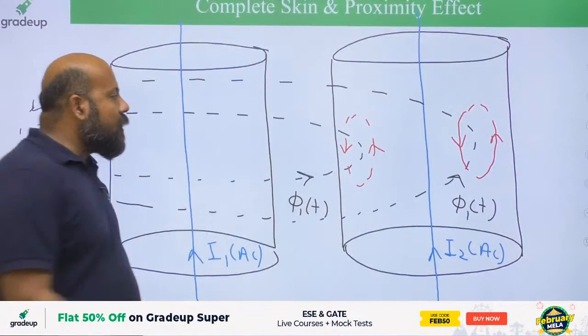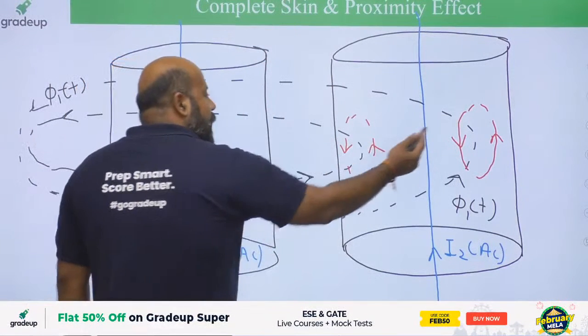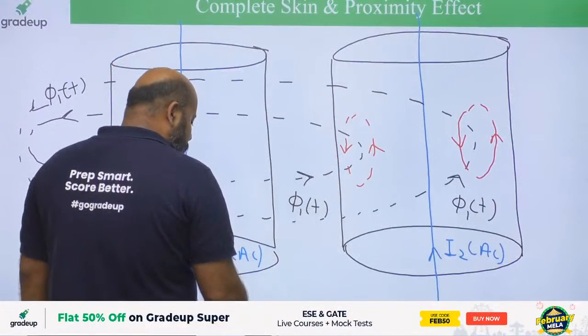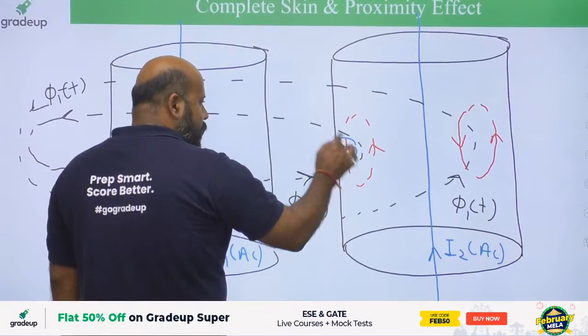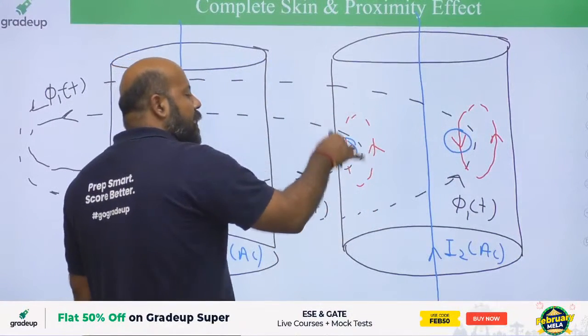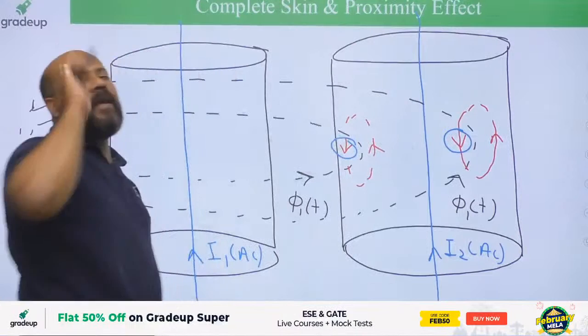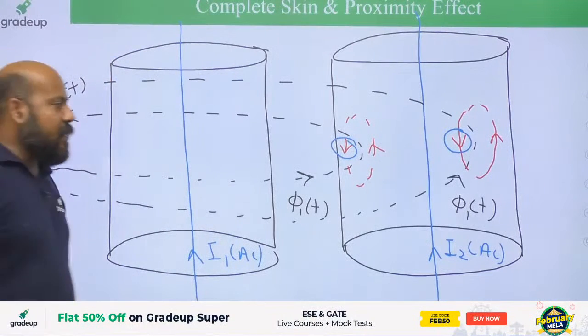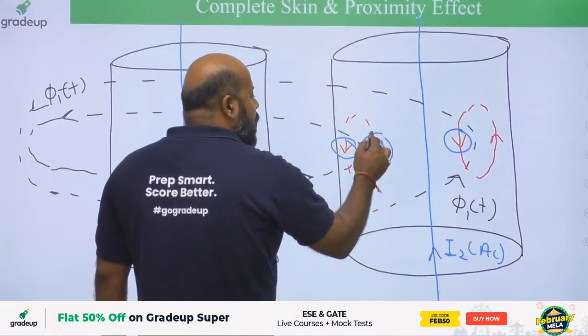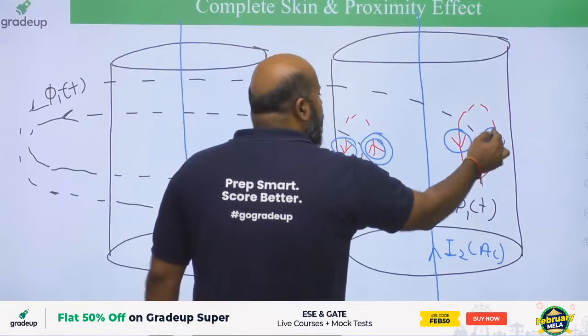Now you will see that on the left side of the conductor, these eddy currents are in opposition with this main current. And on the right hand side of this conductor, these eddy currents are in the direction of the main current.